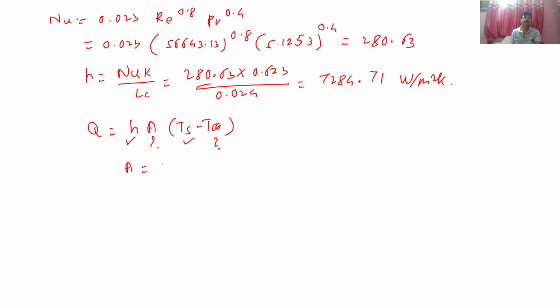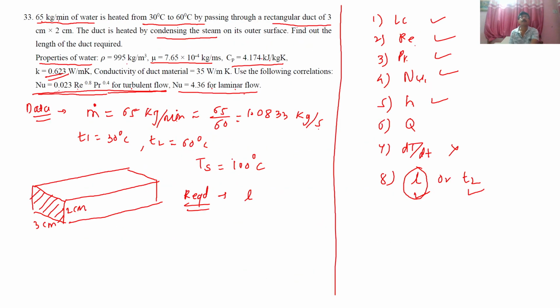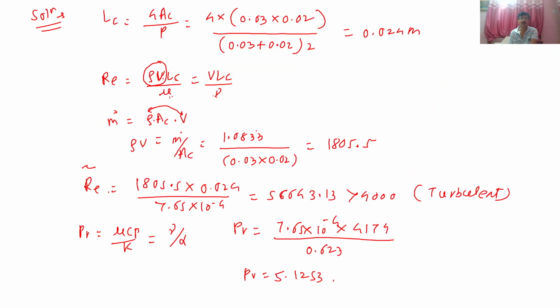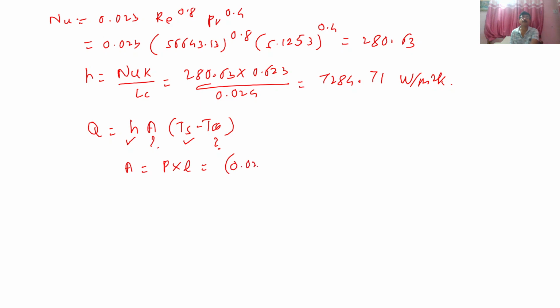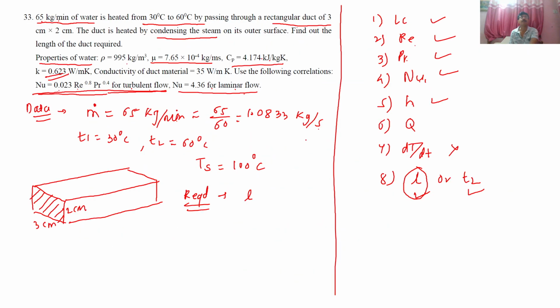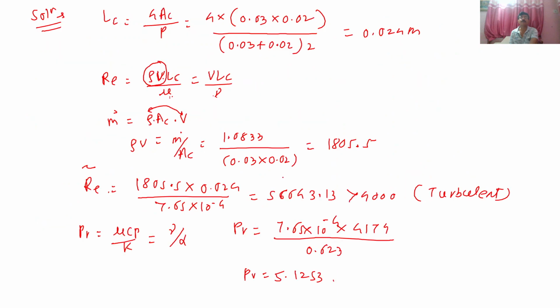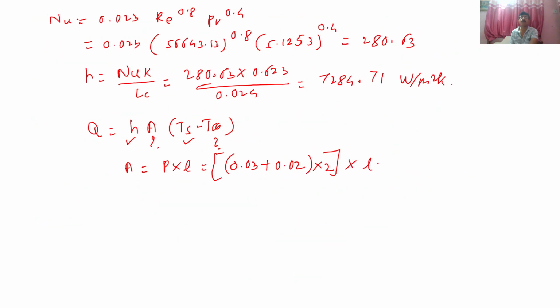Area is, for a duct, the formula of area is perimeter into L. So what is perimeter? Perimeter is 3 plus 2 into 2. 3 centimeter means 0.03 plus 0.02 meter into 2. This is perimeter. Okay, this is perimeter into L, and L is, I think, not given in the problem. Same thing is asked to you, no? So keep it as it is, L.